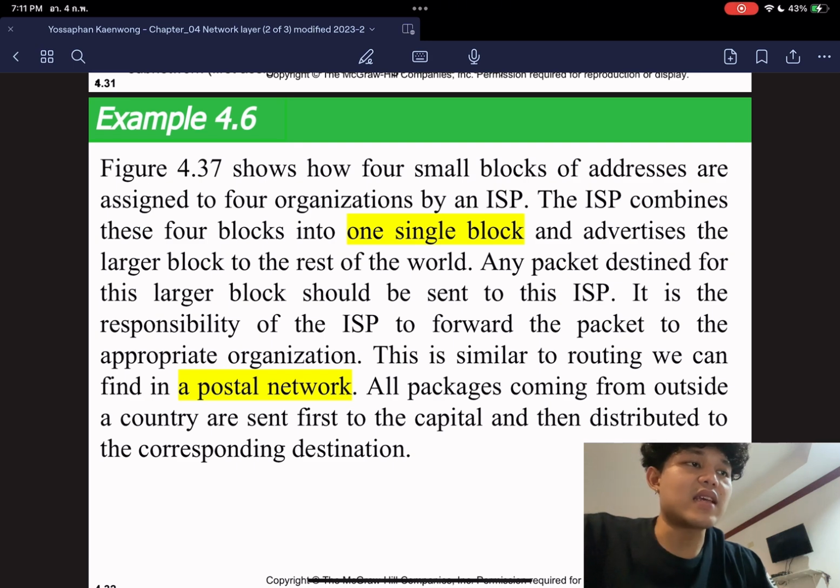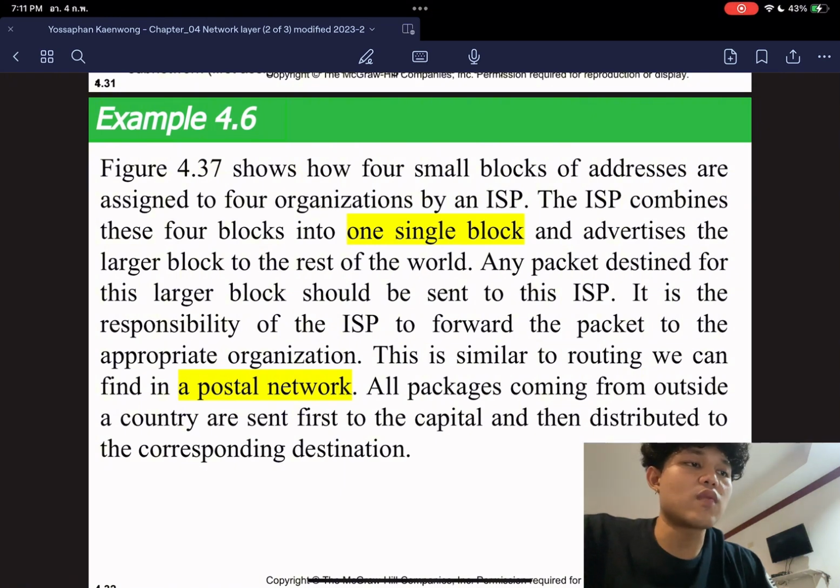The ISP combines these 4 blocks into one single block and assigns the larger block to the rest of the world. Any packet destined for this larger block should be sent to this ISP. It is the responsibility of the ISP to forward the packet to the appropriate organization.